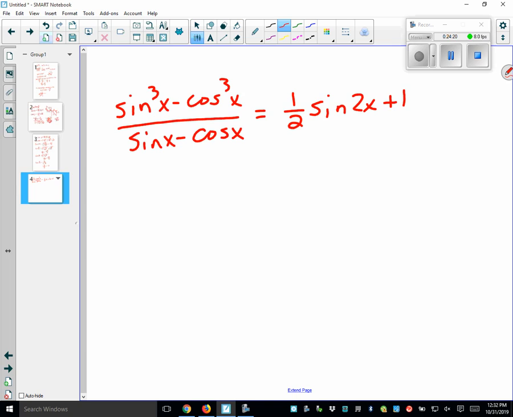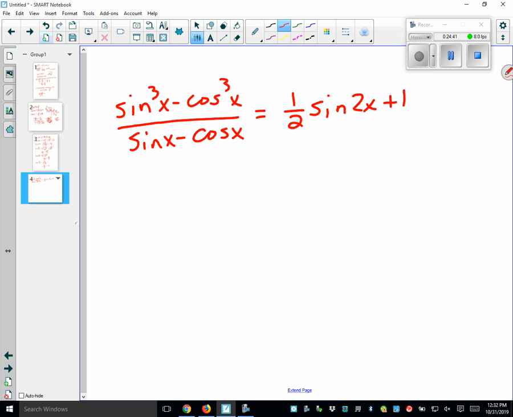All right. This is my identity. I have 5 minutes. So I will tell you, in order to do this one, we have to factor a cube. You do not have to be able to factor a cube on the test. So I'm going to help you factor it, but I wanted you to see what this problem did.